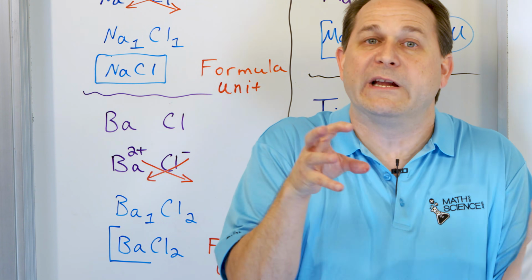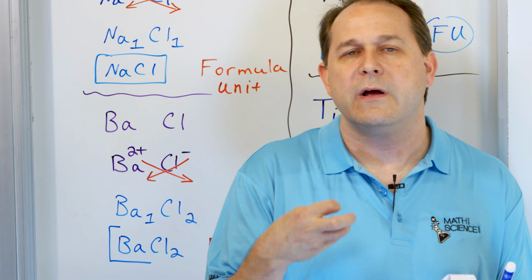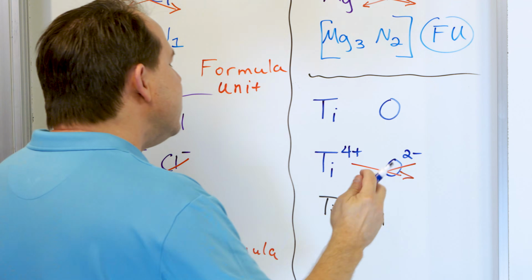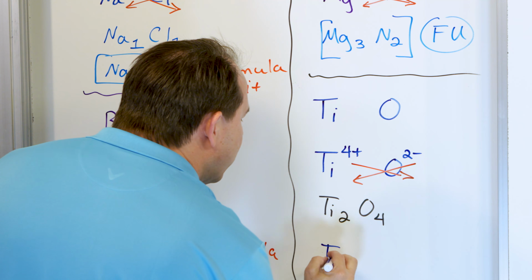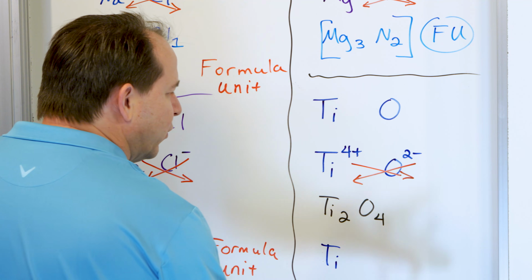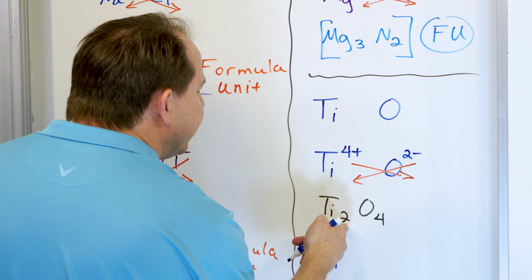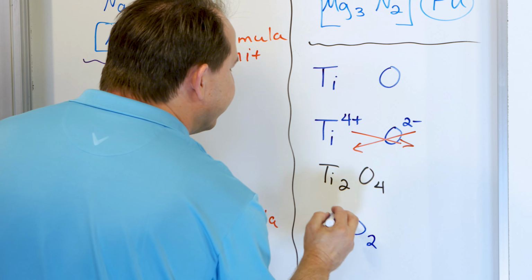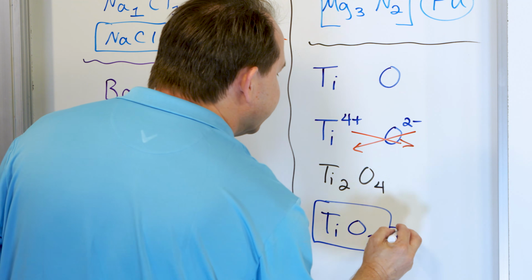So the formula unit is the lowest whole number ratio that we care about to express the fundamental ratio of titanium to oxygen. Since this can be reduced, we divide both of them by whatever we can, by 2 in this case. So we divide by 2, we get 1. We divide by 2 here, and we get 2. So this is the correct formula unit.